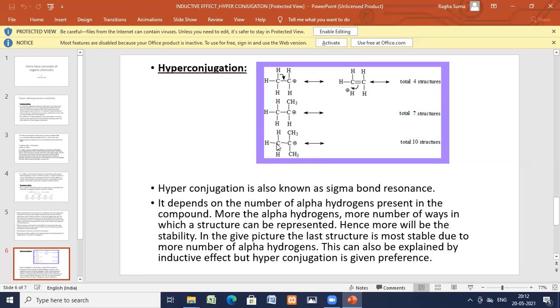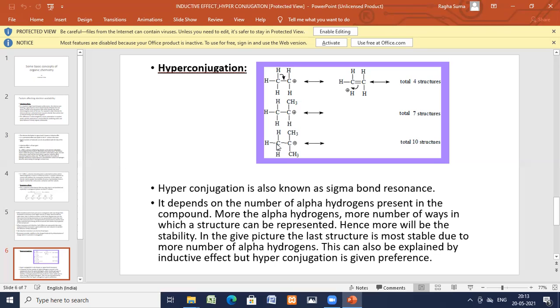Therefore, the more C-H hydrogens there are, the more resonance structures are possible, and the more stable it is. Using hyperconjugation, we can explain the stability of carbonium ions, free radicals, and carbanions. All this can be explained.